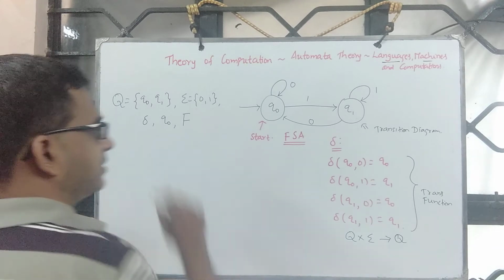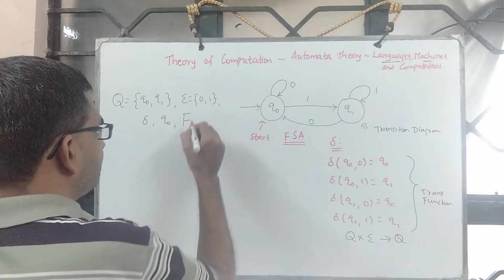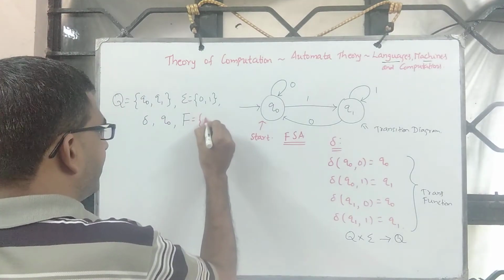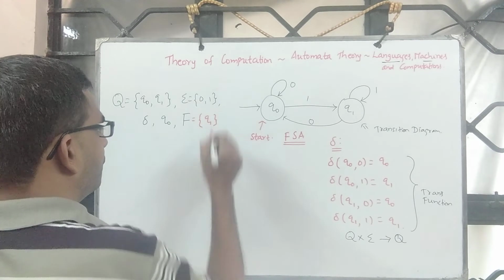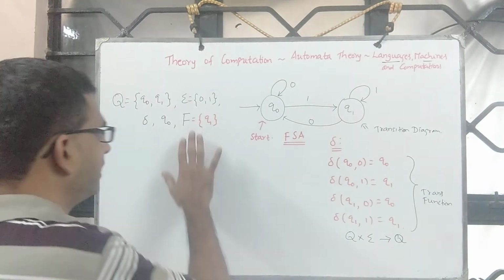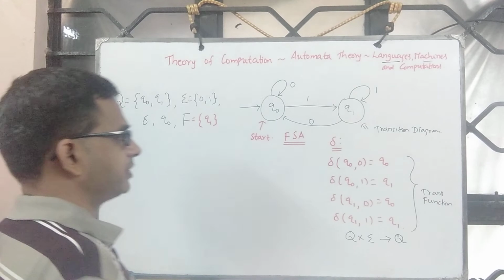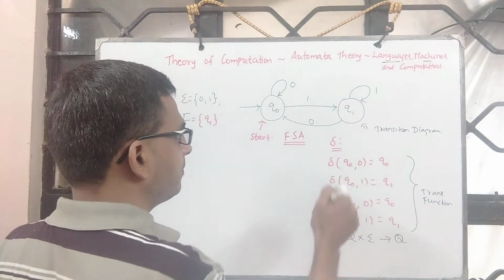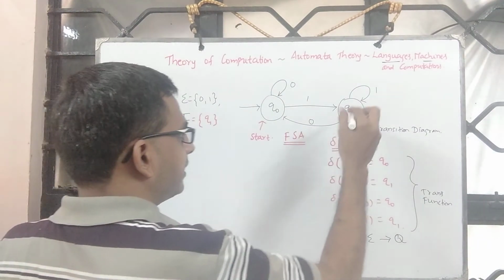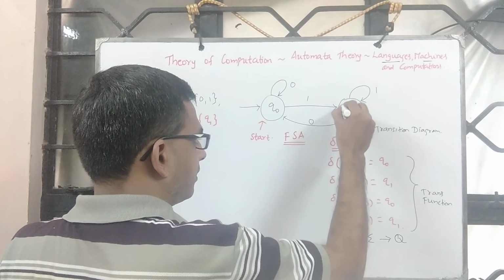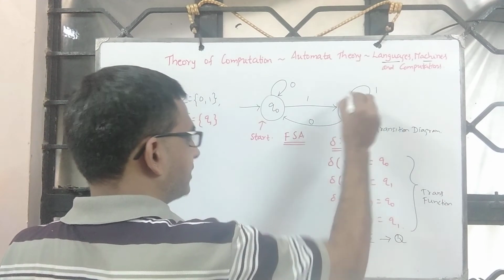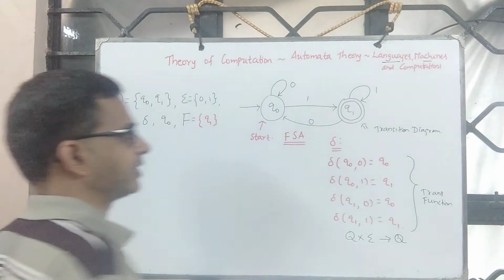F represents the set of final states. For this, let me say Q1. We'll understand what is the use of this, what does it do, and so on. How do you represent a final state in this picture or in the transition diagram? By using a double circle.